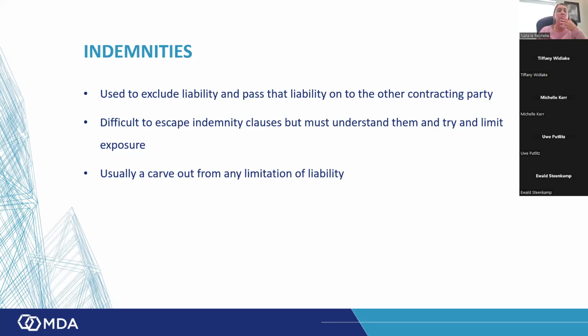In some instances the contract might deal with it as well. For example, in the intellectual property clause, if the employer has a claim from a third party for a breach of intellectual property rights, the contractor has to step in and take over that responsibility, and there are steps and procedures on how that would apply.